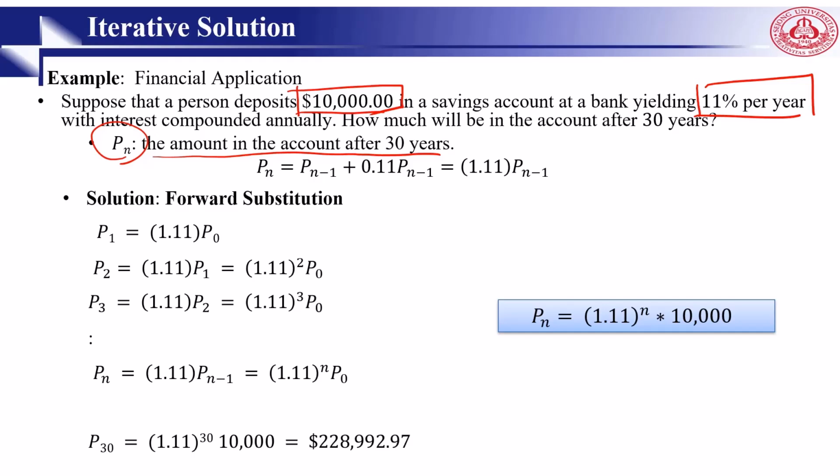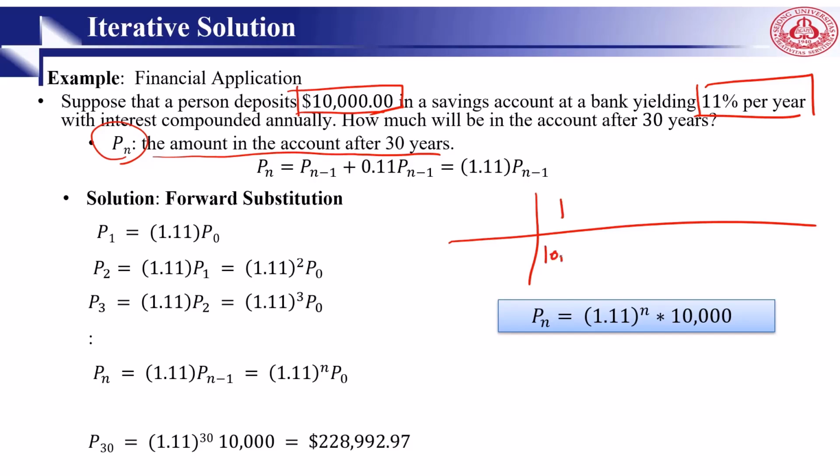After 30 years, it means at year 30, the amount is the amount of the 29th year plus 11% of that amount. And for the 29th year, we need to consider the previous year, going back to year 1. So here we start with $10,000, right?